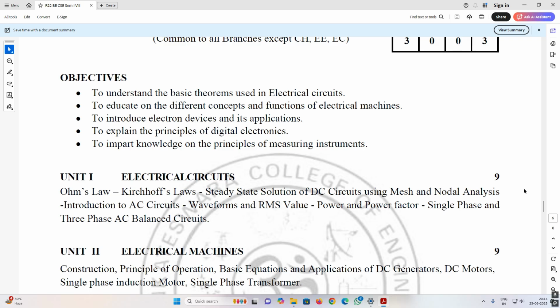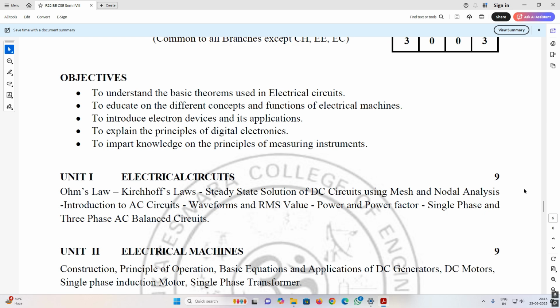Power in general we have already seen in this video, but power in AC circuits and power factor we will discuss in unit 1, and single phase and 3-phase AC balanced circuits. So only basic concepts or an introductory level of study of electric circuits.